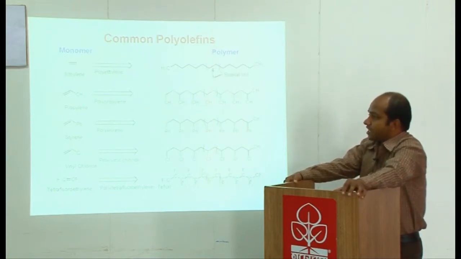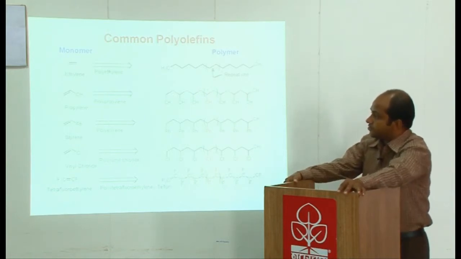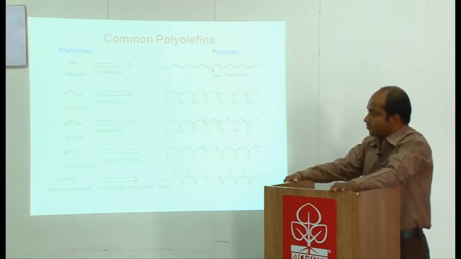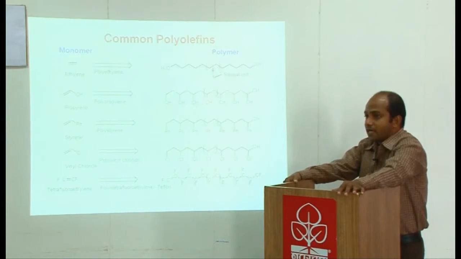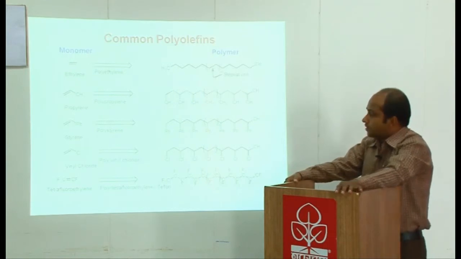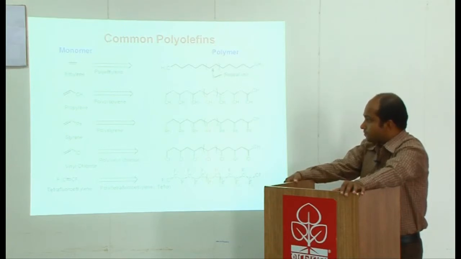If you have an aromatic linkage to an alkene, say for example styrene, you can form polystyrene, and you can have very nice glass-like shiny crystals of polystyrene. If you have vinyl chloride as a monomer, you can have polyvinyl chloride, PVC, which is a common plastic, and even in this room you can see the PVC pipes which are used by the electricians.